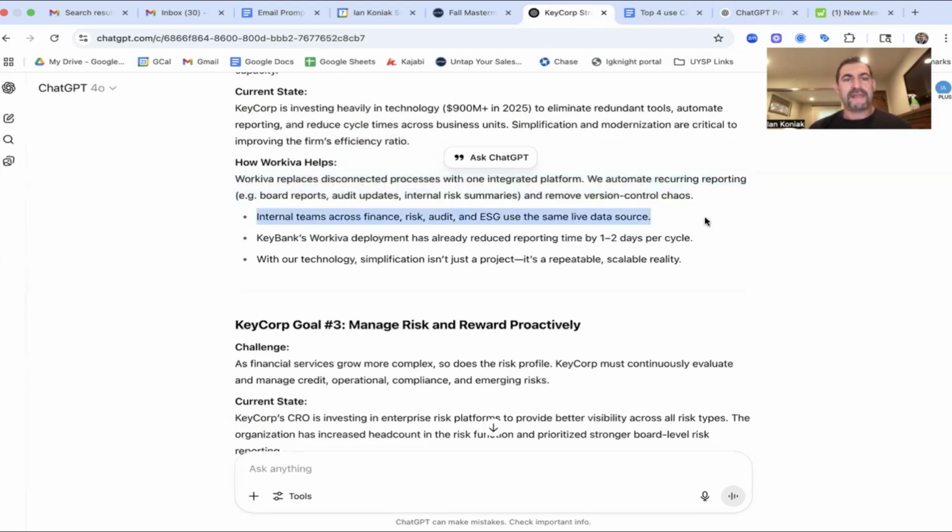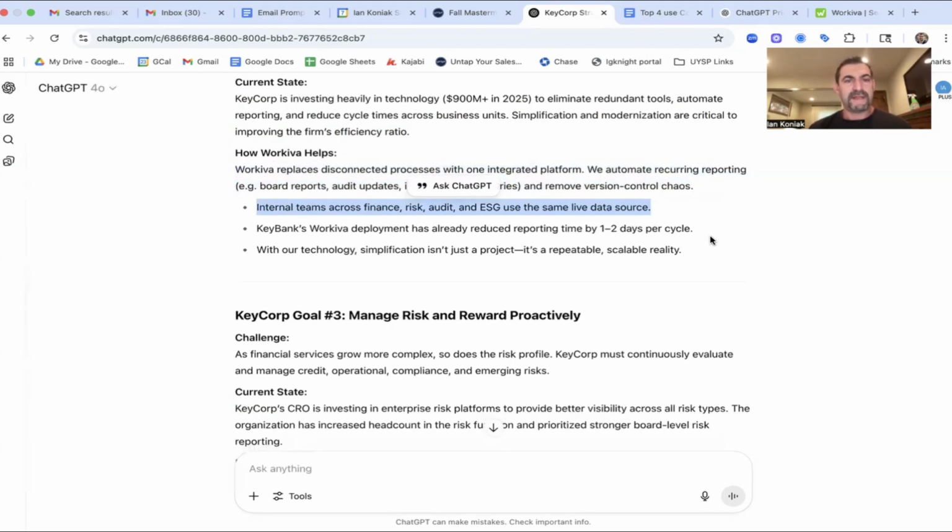And it shows specifically how, right? Each of these specific areas, and it talks about reducing the reporting time, internal teams streamlining with one single source of truth across finance, risk, audit, and ESG, and then simplification being repeatable and scalable.